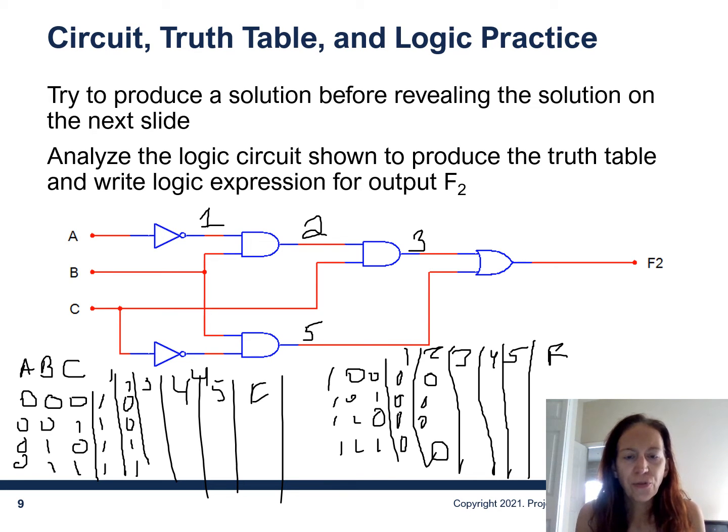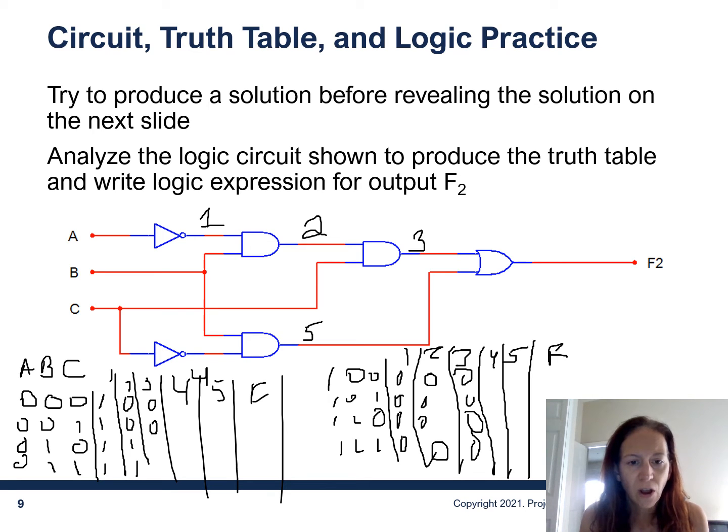All right, so 3, here we have the 2 low, so the 3 is going to be low right there. And over here, 2 is low right here, so 3 can't be high. Here the 2 is high, so I'm going to come over here and look at my C value.